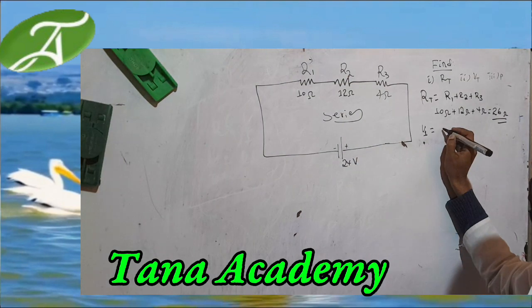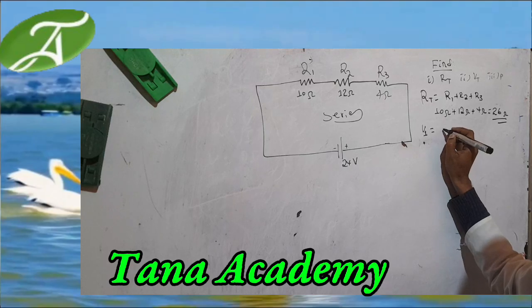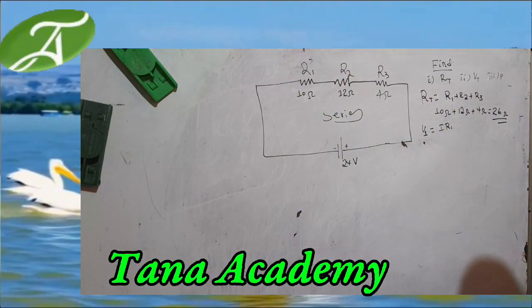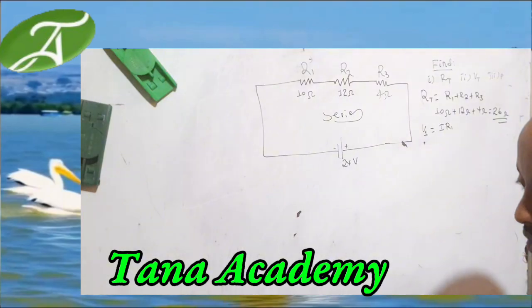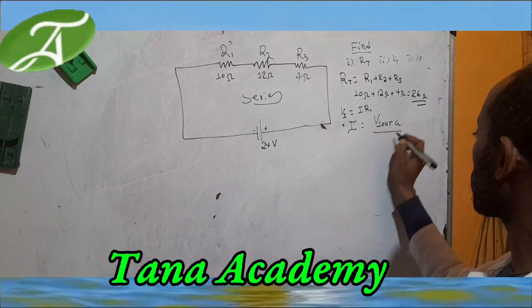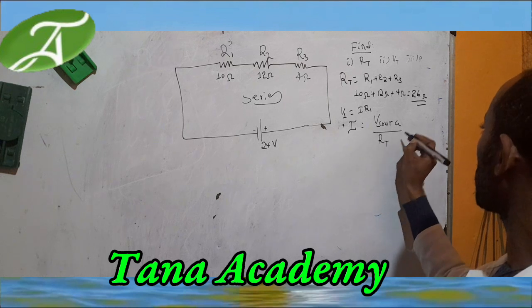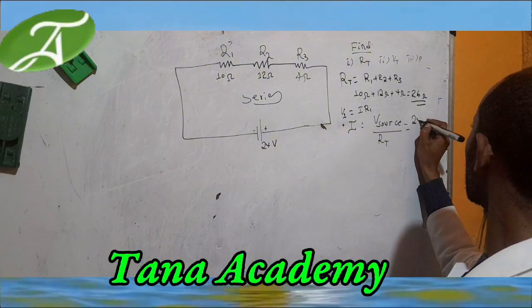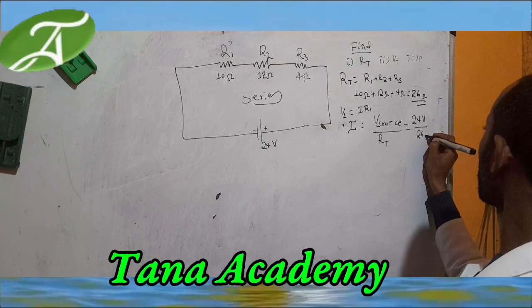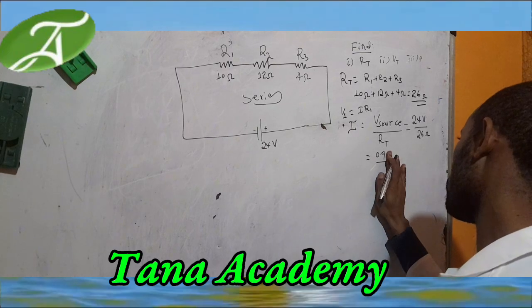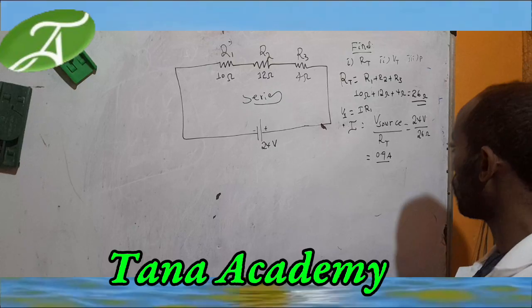That means I times R1, which equals the source voltage over R total, which equals 24 volt over 26 ohm, which is almost around 0.9 ampere. Voltage over ohm is ampere.